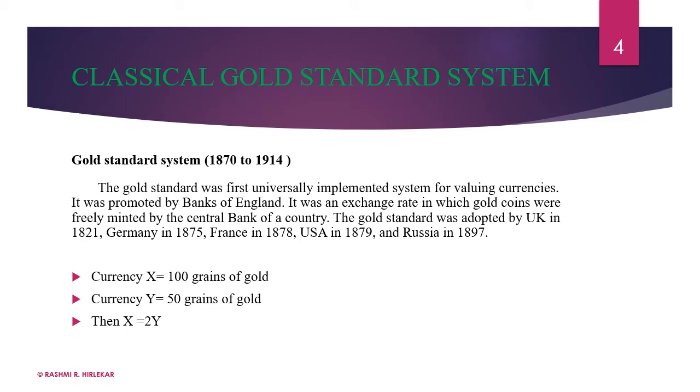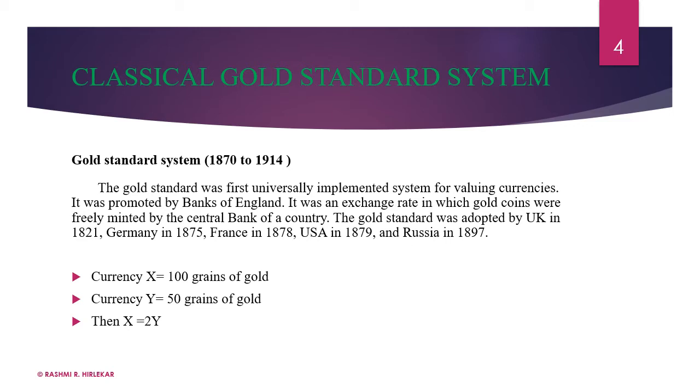Under pure gold standard, gold coins were traded freely and their inherent values were considered as their market values. Under pure gold standard system, all participating currencies were convertible based on its gold value.